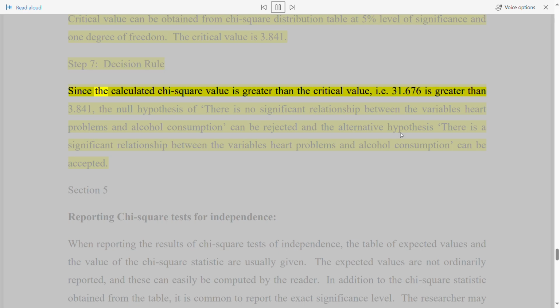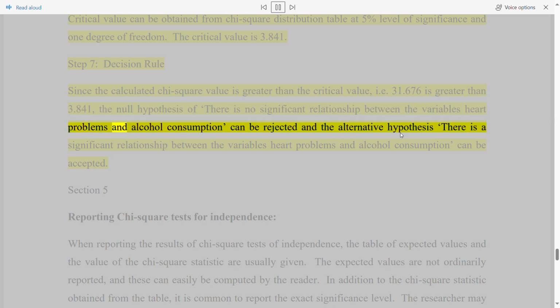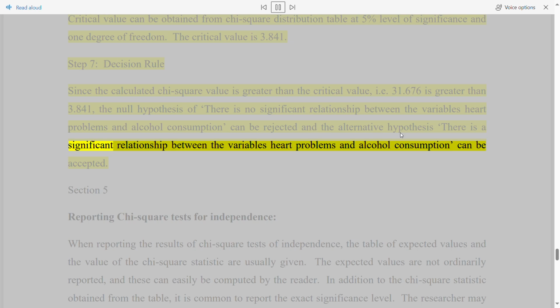Since the calculated chi-square value is greater than the critical value, i.e., 31.676 is greater than 3.841, the null hypothesis that there is no significant relationship between the variables heart problems and alcohol consumption can be rejected, and the alternative hypothesis that there is a significant relationship between the variables heart problems and alcohol consumption can be accepted.